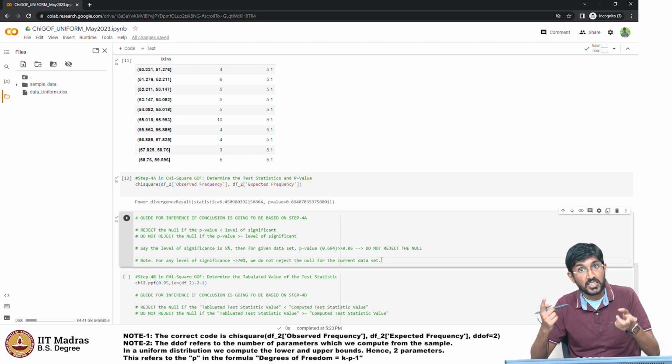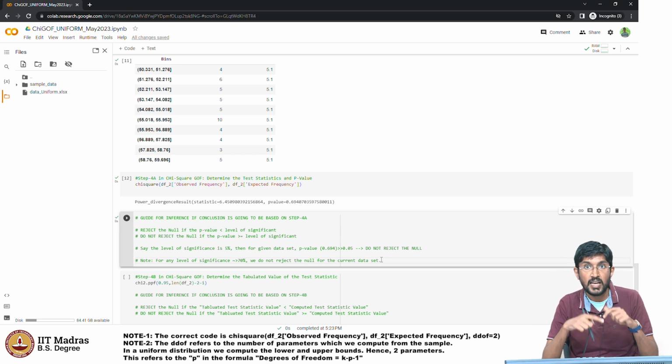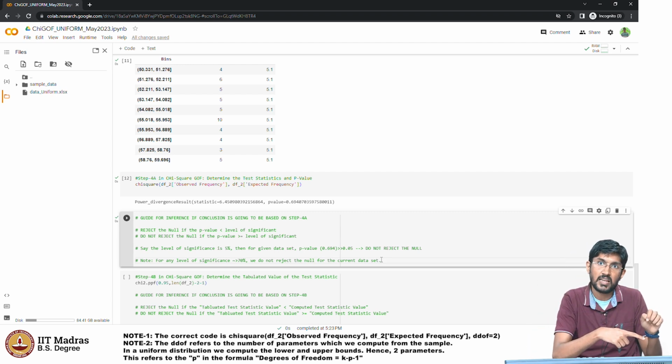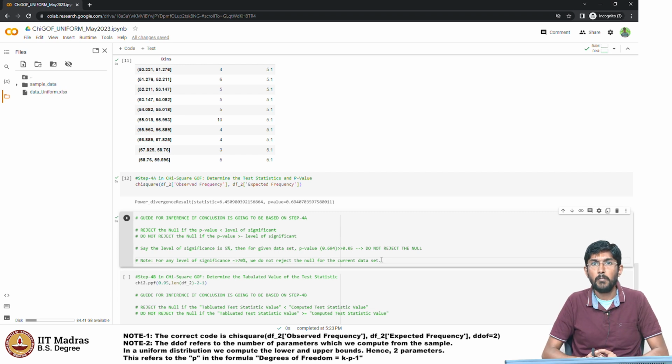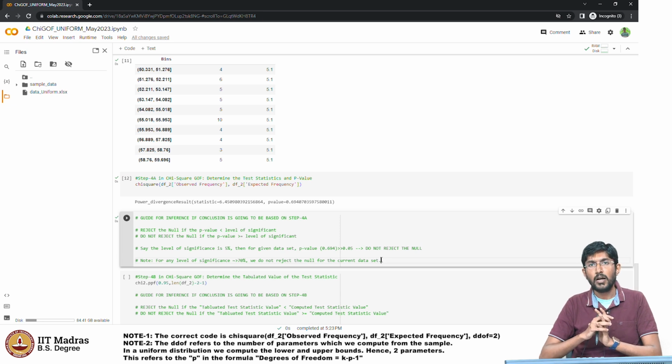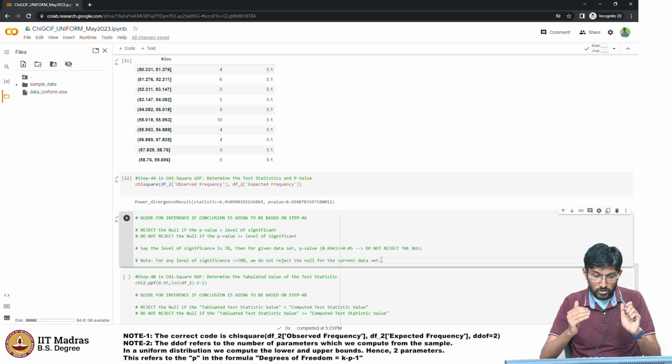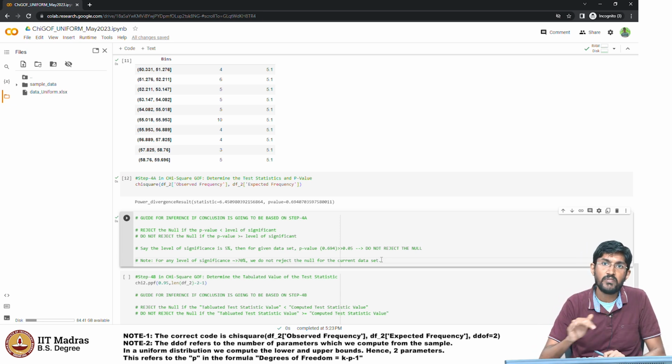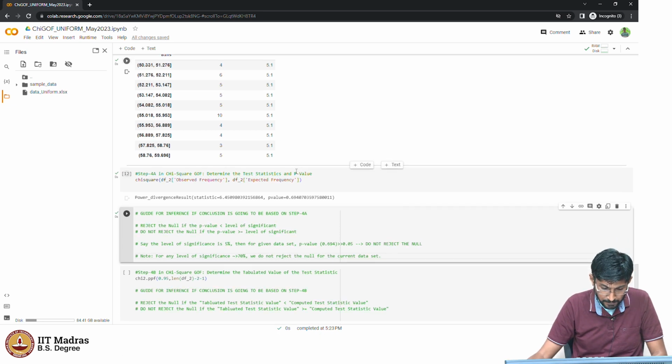Tomorrow, if the data set changes, I will again have to do a p-value test and arrive at a significance level. But given this sample, up to a significance level of 70% or 0.7, I would not reject the null at all, and up to that level I would say that the population is indeed following a uniform distribution. That is the added advantage you get when you do a p-value test.